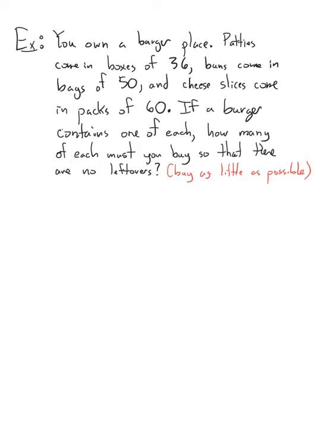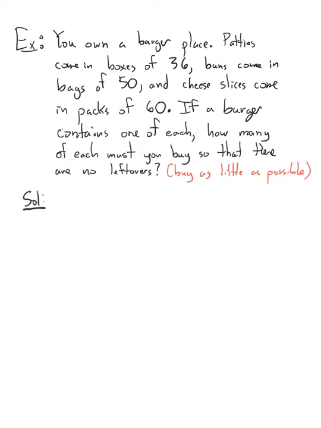Okay, now that we're back, let's have a look at what's going on here. So what we need is a number of burgers that's a multiple of 36, because we want to use all of our burgers. It's a multiple of 50, and it's a multiple of 60.